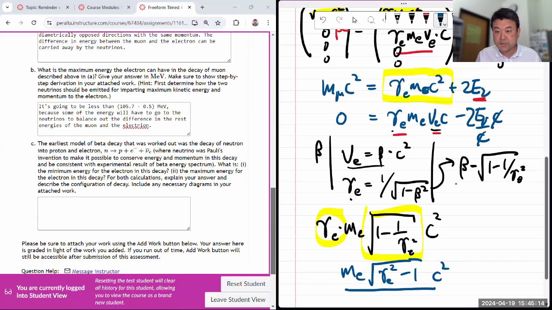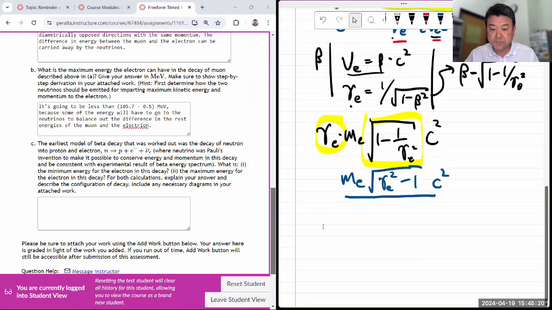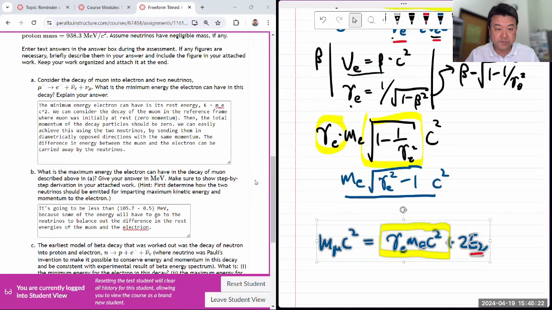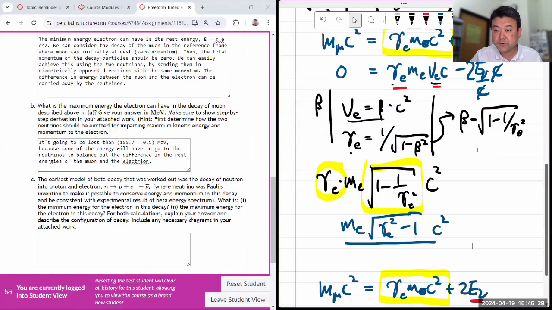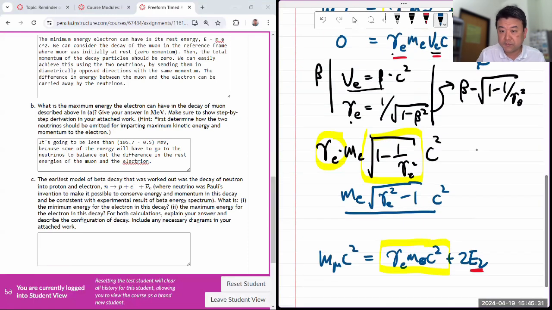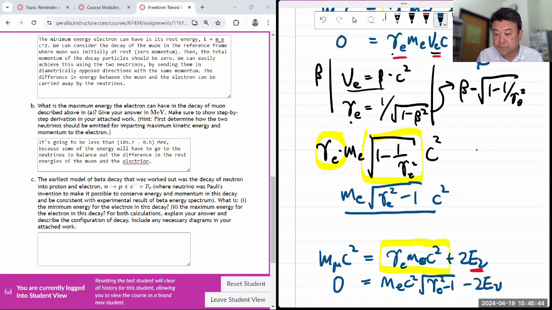So using this, let me rewrite my equations again. I got this that I can just copy and paste. How am I doing on time? 8 minutes, yeah. All right. And for that second equation, this is what I'm going to write: 0 is equal to me c squared times the square root of gamma e squared minus 1 minus 2e nu.